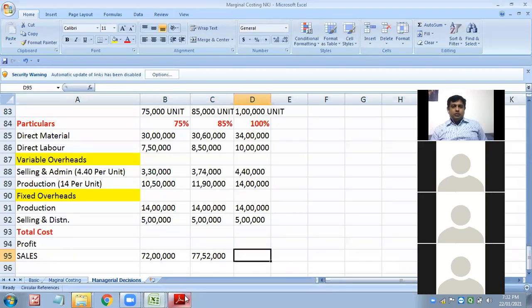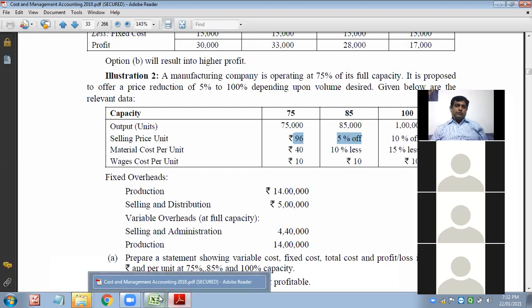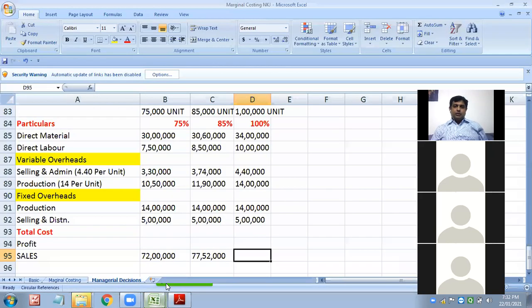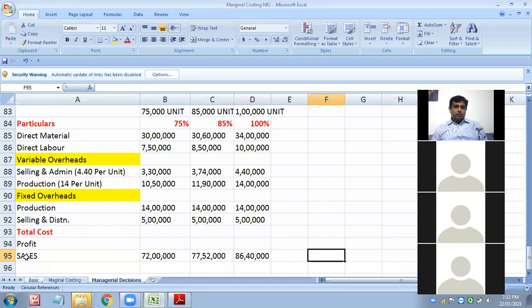Last one, 10% off. So 9.6. 96 minus 9.6 is 86.4. 86.4 into 1 lakh is 86 lakh 40,000. Am I right? Yes or no?